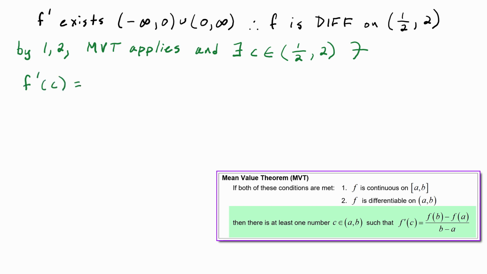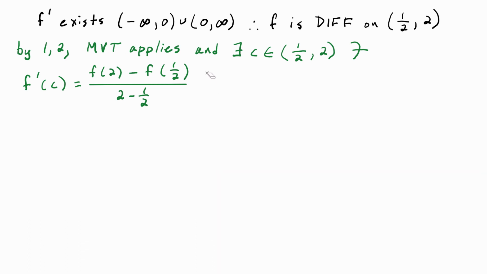to have to equal f of 2 minus f of 1/2 over 2 minus 1/2. So let's figure out what this is. F of 2 means we have to plug into the function, which is x plus 1 over x.